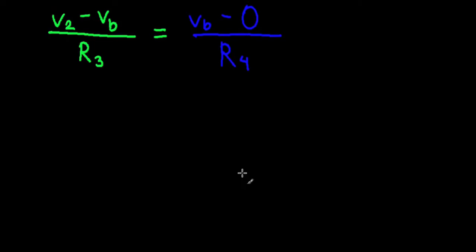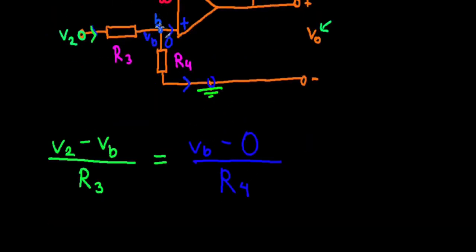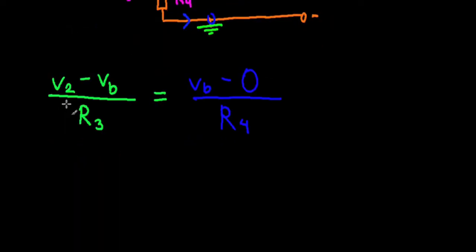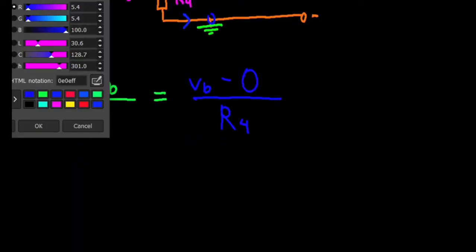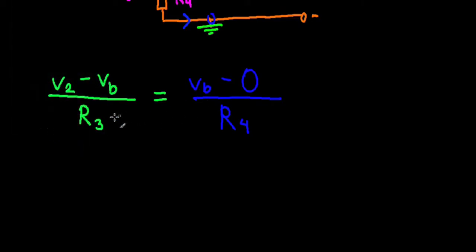What we're trying to do is solve for the node voltage right here. V2 is a known value, whether you get it from somewhere else or from a cell, we're going to assume that we know that. So what we need to find is this node voltage right here.